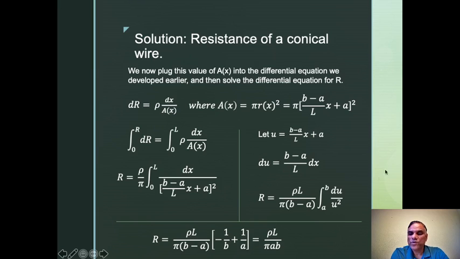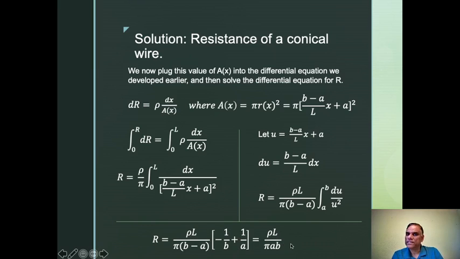So what is the integral of du over u squared? It's just minus 1 over u. So you plug in minus 1 over u and you go from b to a, so it's minus 1 over b minus 1 over a. So that's where the plus comes in here. And if you do some simple algebra here, you get rho L over pi AB.